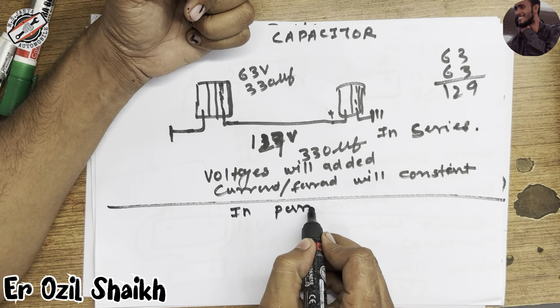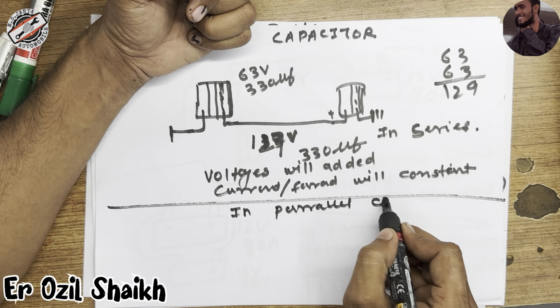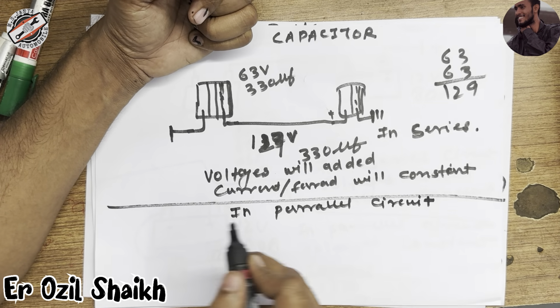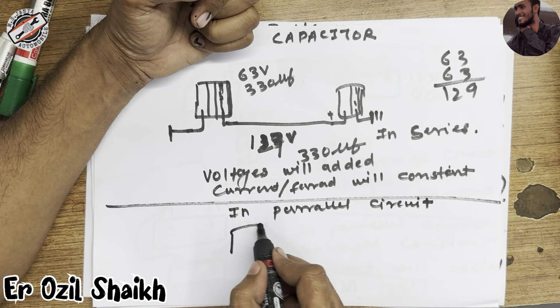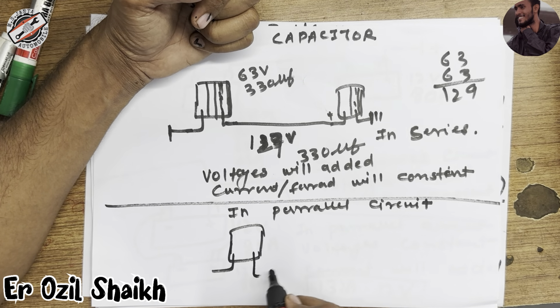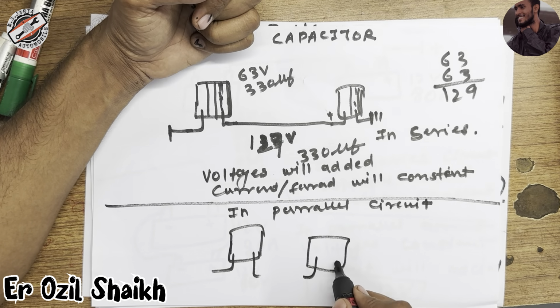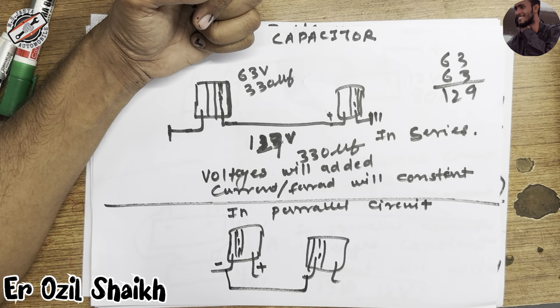Same as it is in a parallel circuit. Our capacitors, we have connected our capacitor. This is the minus, this is plus. So minus has a minus marking, and it will be connected here, and it is connected here.